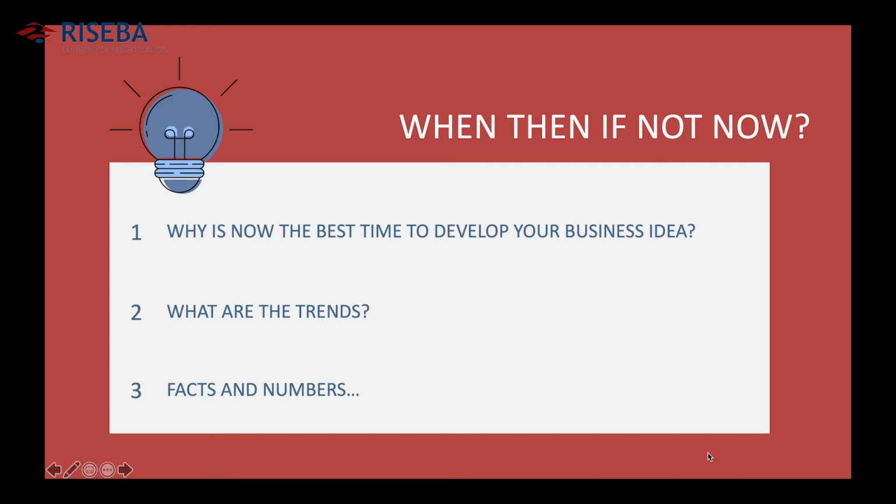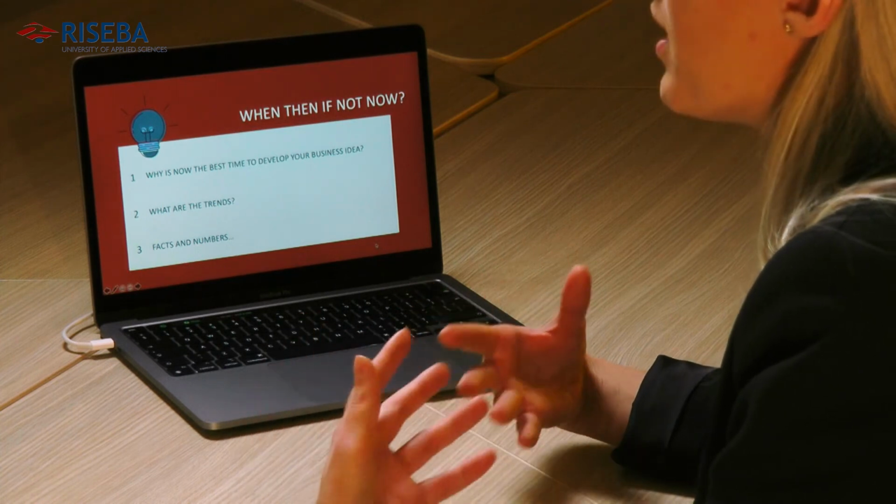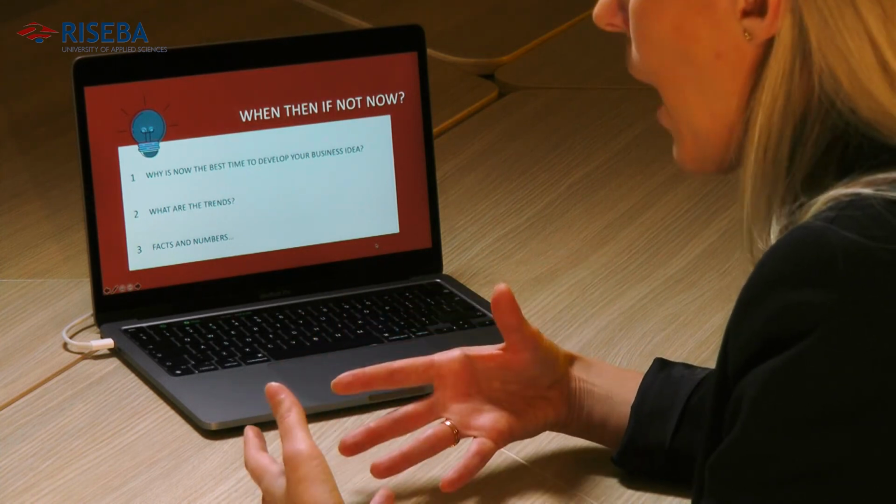Another important piece of information is why to start now. Prove with data, with statistics, with some research, find something that proves that this business idea is right and will fit right now.